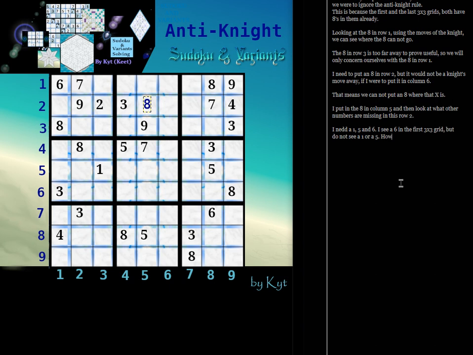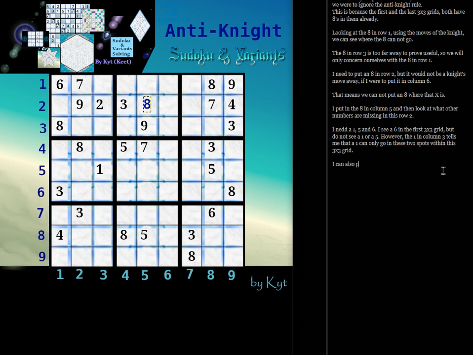However, the 1 in column 3 tells me that a 1 can only go in these 2 spots within this 3x3 grid.